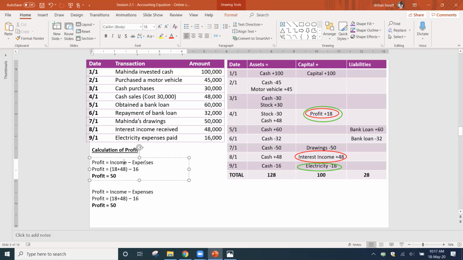Can someone type the equation? What is the other equation for the profit? Profit equals, using the net asset or the capital.